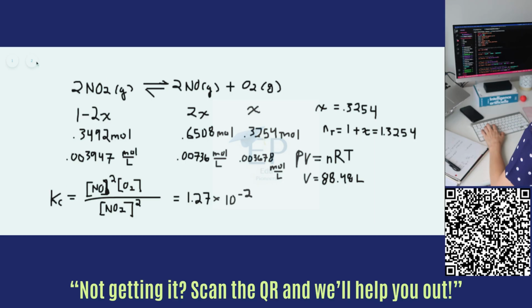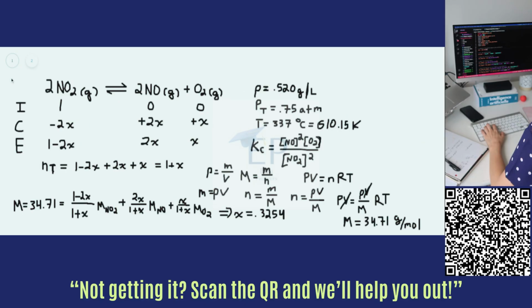And one more time, just going to review what we did, because there was a lot here. Set up an ice table using an arbitrary starting number of moles for the reactant gas. Then, by rearranging using equations for density and for molar mass, we were able to calculate the average molar mass of the mixture of gases at equilibrium.